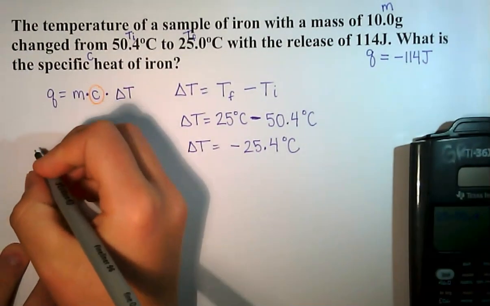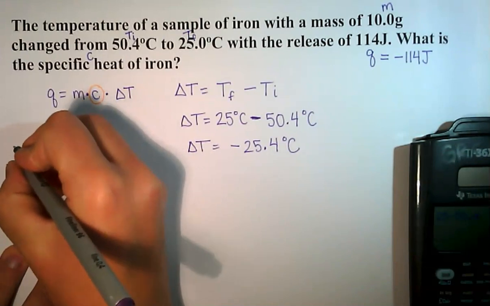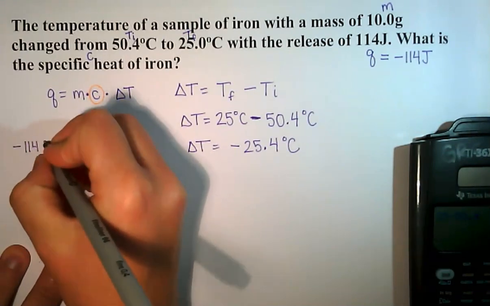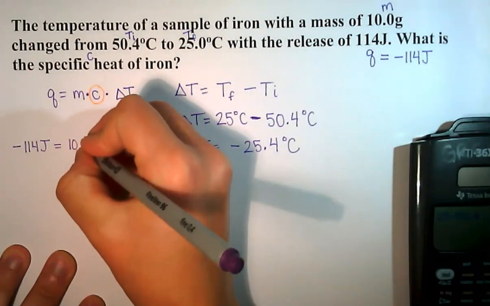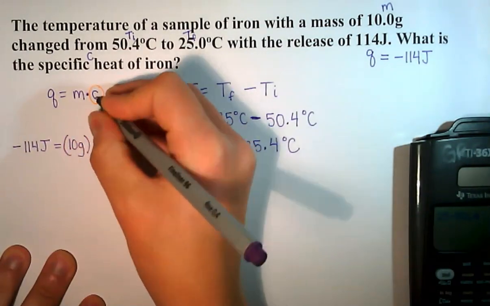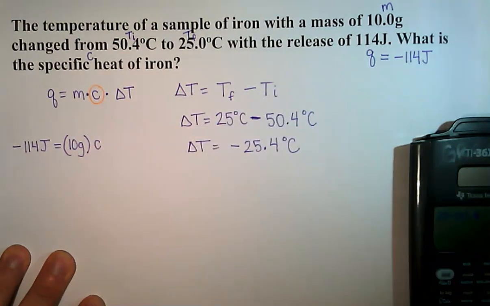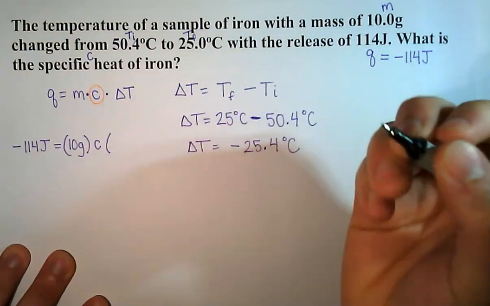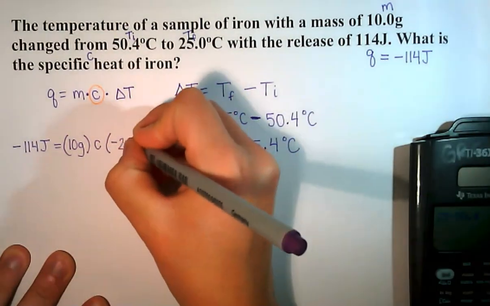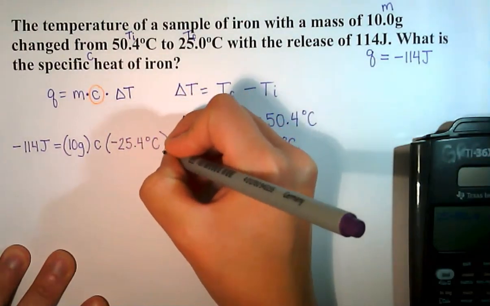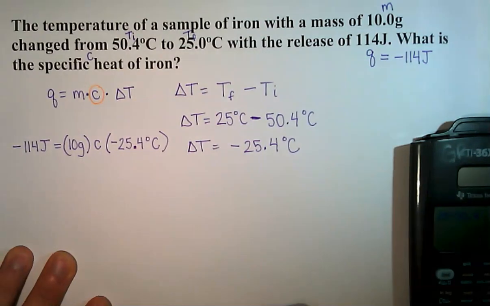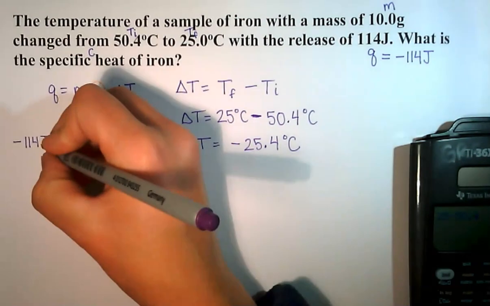Our Q, negative 114 joules equals M, so 10 grams, times C, which we don't have, so I'm going to leave C, times delta T, which is negative 25.4 degrees Celsius. So we have to do a little bit of algebra here.